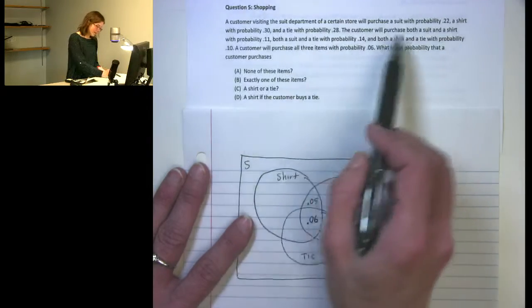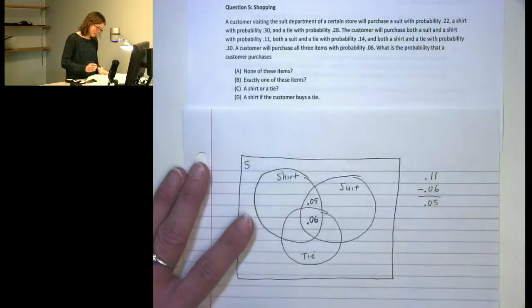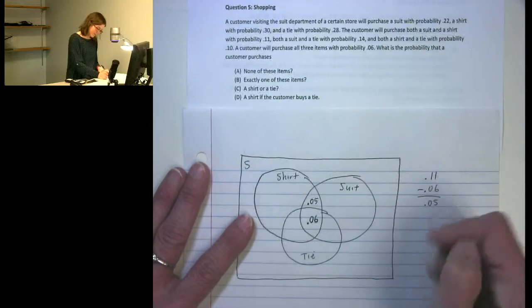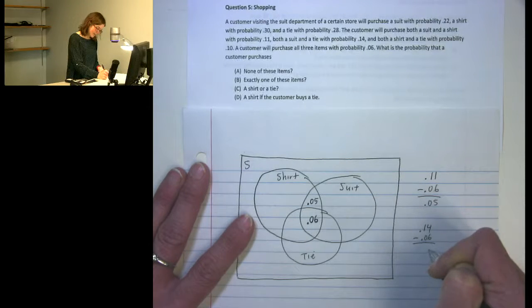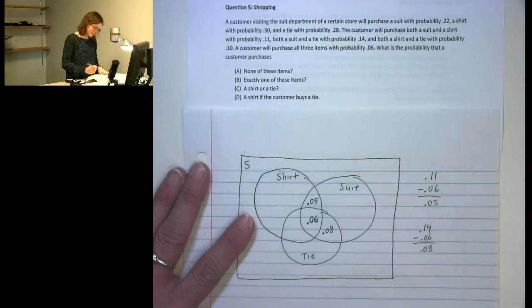Okay, next I move on. Both a suit and a tie with probability 0.14. So suit and tie is here. 0.14 minus 0.06 gives me 0.08. So 0.08 here, and together these 2 add up to the 0.14.